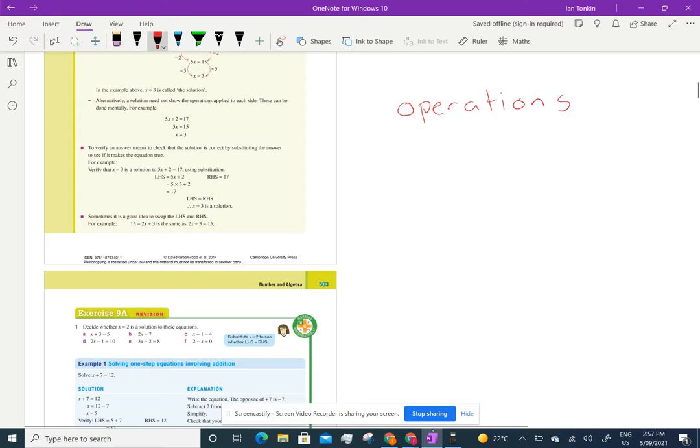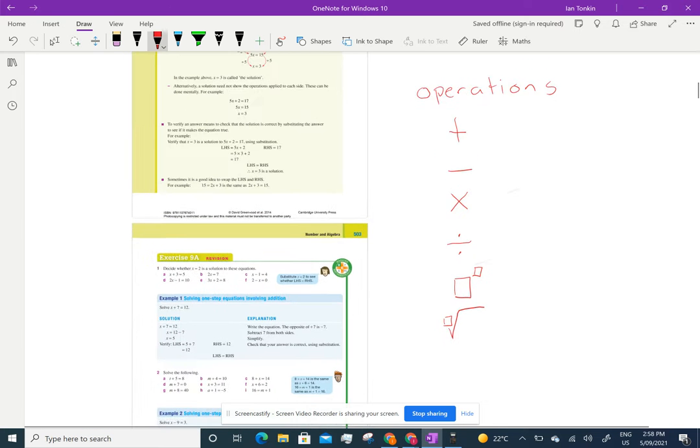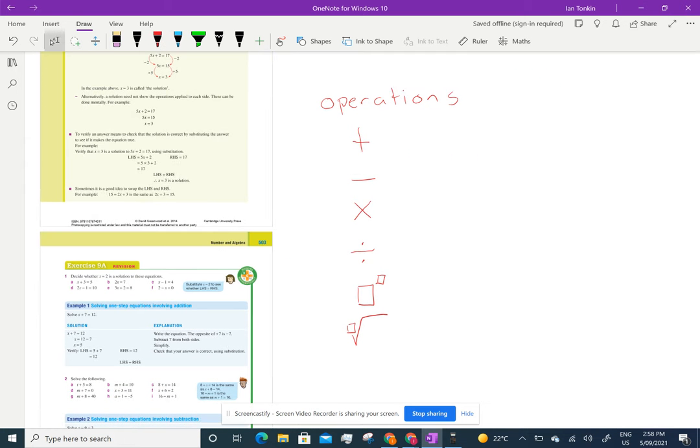The operations are where you can add things, you can minus things, you can multiply things, you can divide things. We also know you can raise things to a power, or you can take the root of something. And there are other things that we're going to learn to do later on, but they're our basic operators.